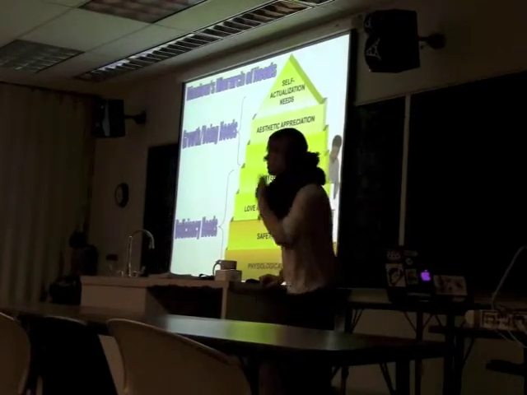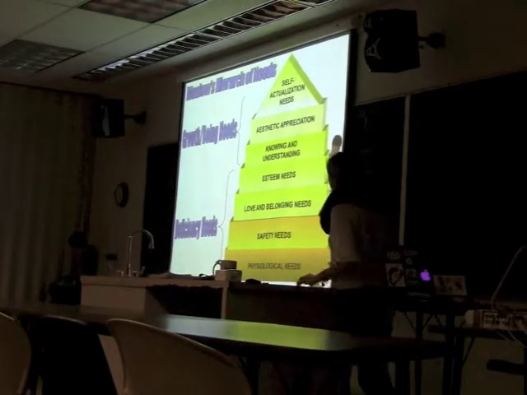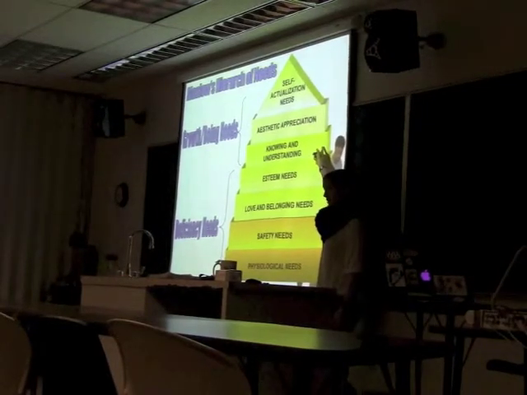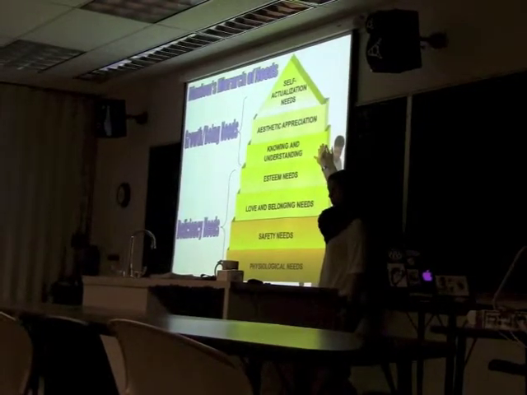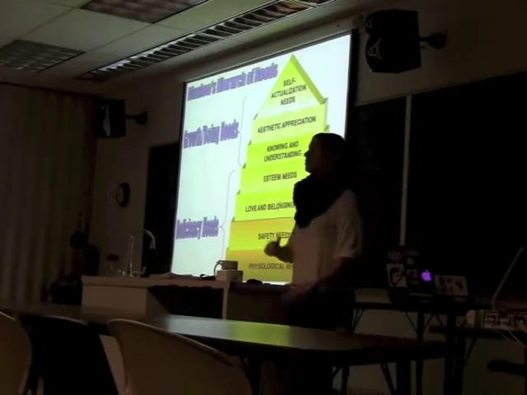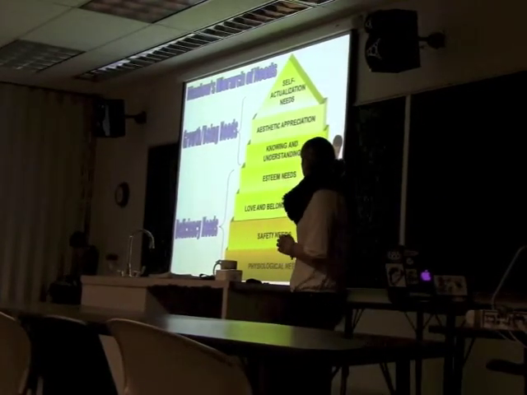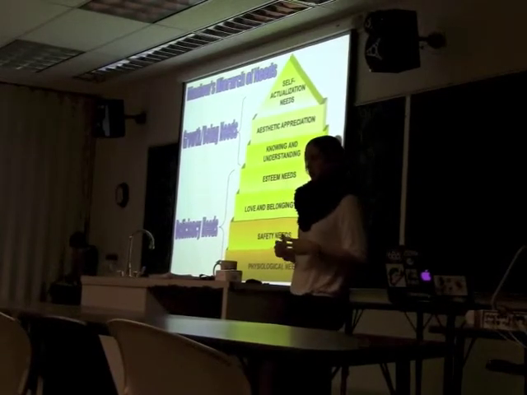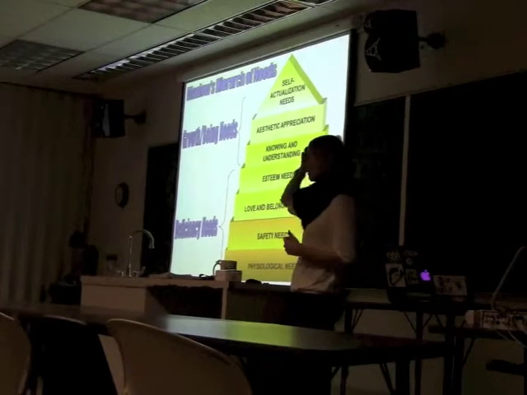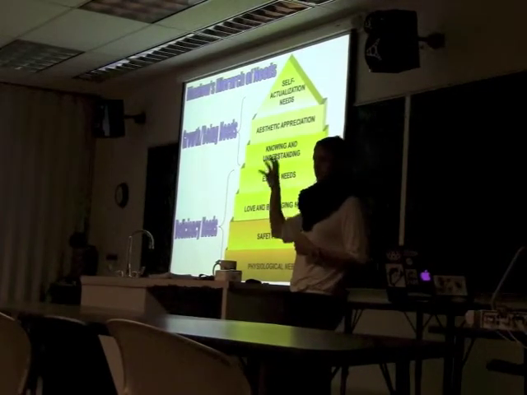Okay? Now the top ones are growth or being needs: knowing and understanding. This is where school would come in. Okay? Facts. Knowing and understanding your environment, your world, and learning. Aesthetic appreciation would be the arts or appreciation for beauty. And then the top one is when you actually have met this self-actualization.